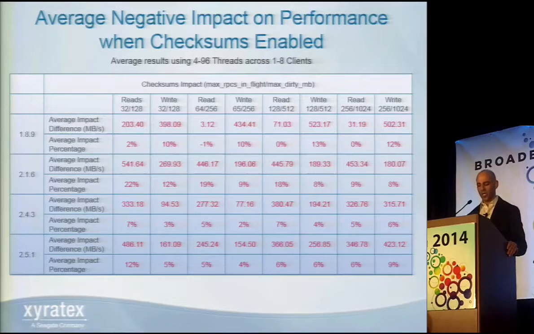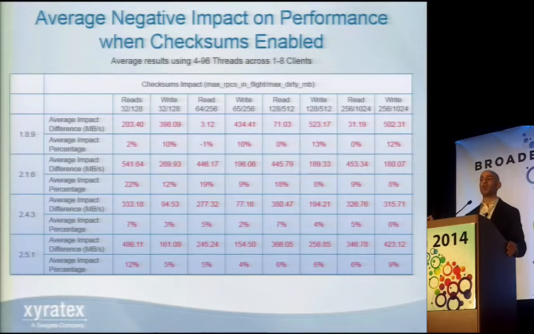With the 2.16, it was a little higher, around 22% with the 32 max RPCs in flight, but it actually got more favorable in some results, on the right specifically, no more than 10%. Very encouraging on the 243 and 251 when checksums were disabled. The impact was within 5% on average, possibly 6%.